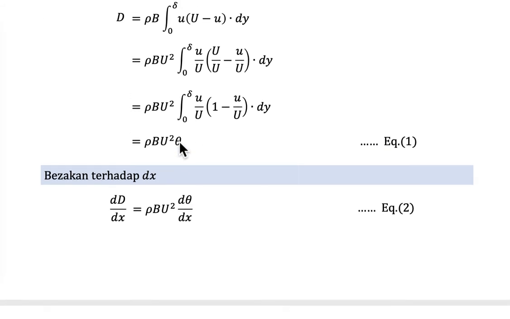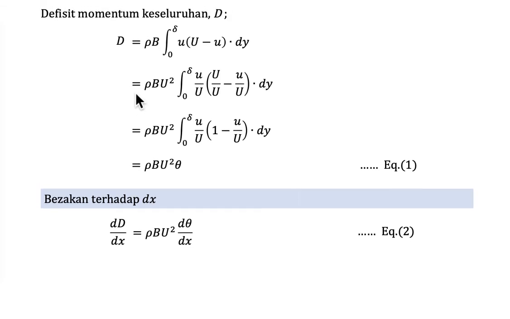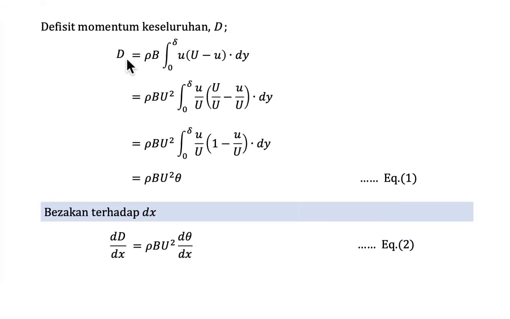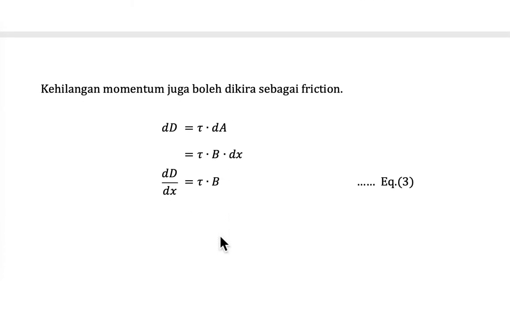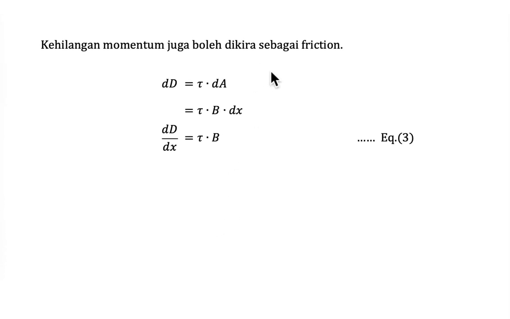To simplify this one, we differentiate the D here with x. So we have dD over dx equal to rho b U square d theta dx. And then we name this equation as equation 2. Another idea about the deficit of momentum is that it is because of the friction.